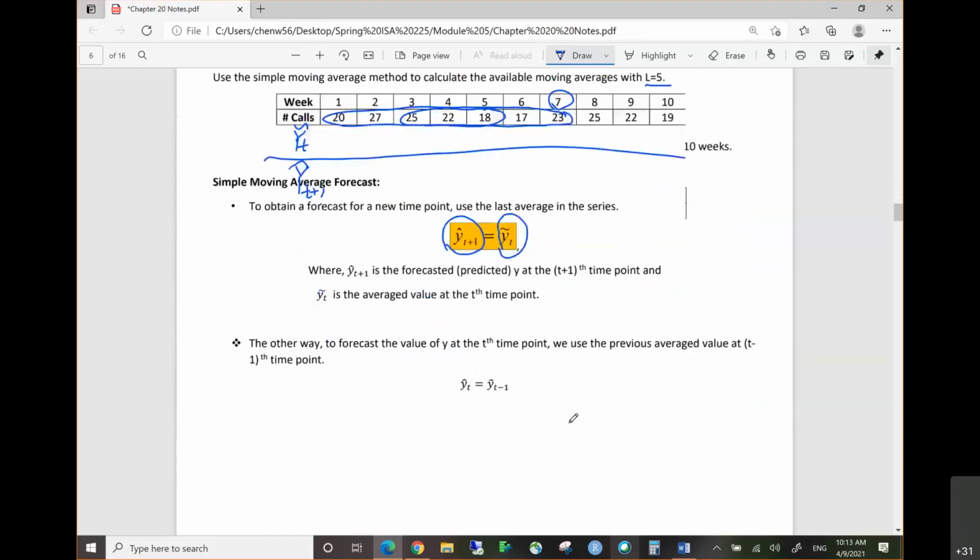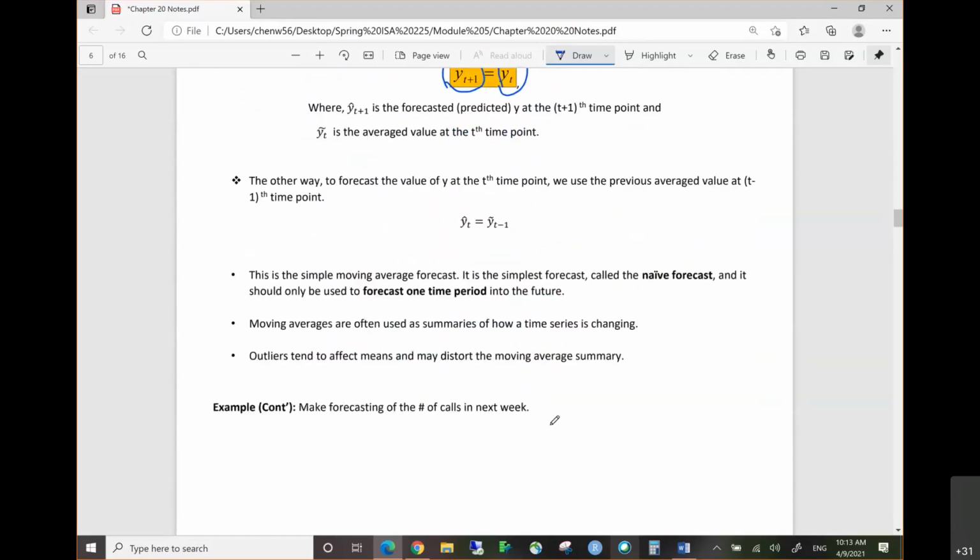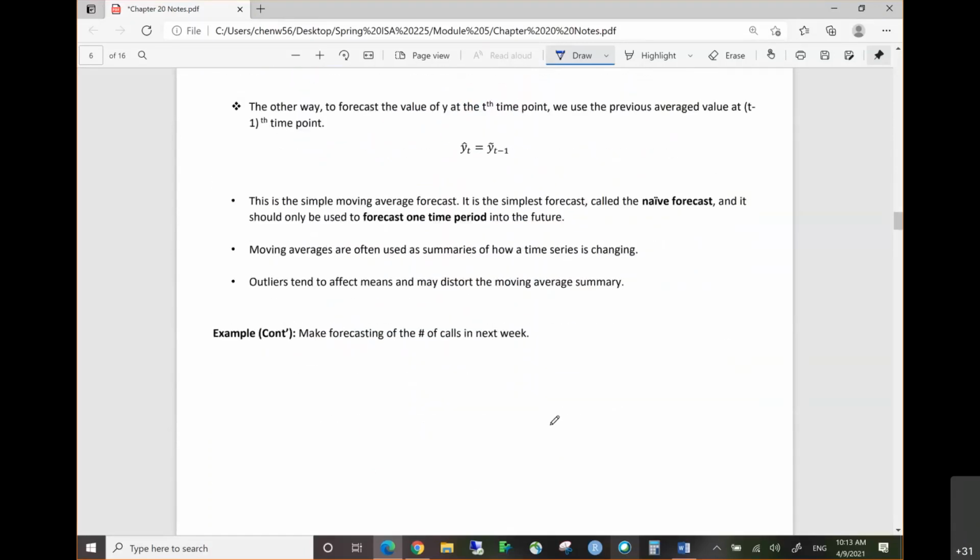But actually in real life, in most cases, the recent value should be more important than the other previous values, right? Because they have similar conditions to the next year or next week, right? So actually we say the simple moving average is a naive forecast method.